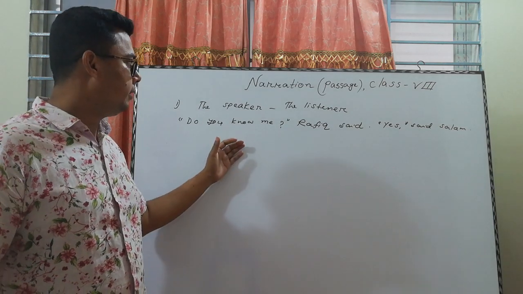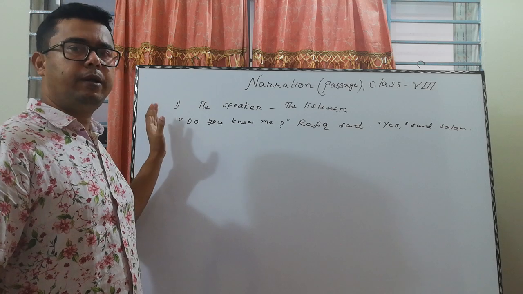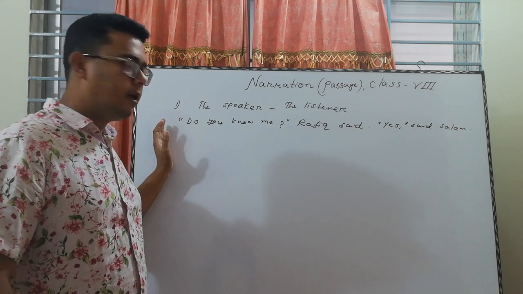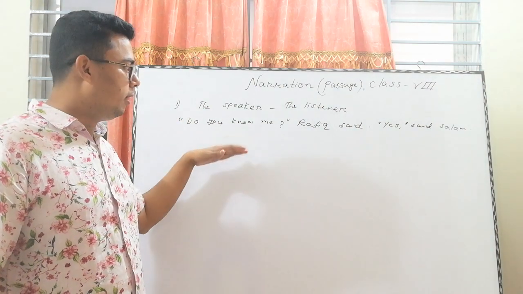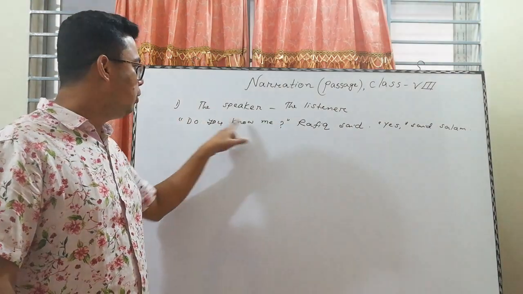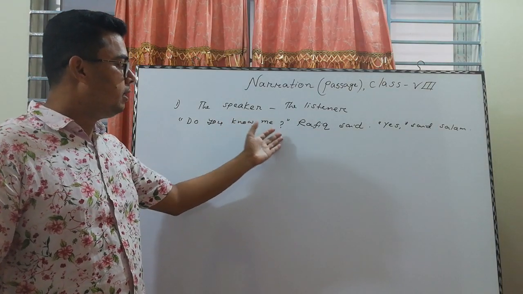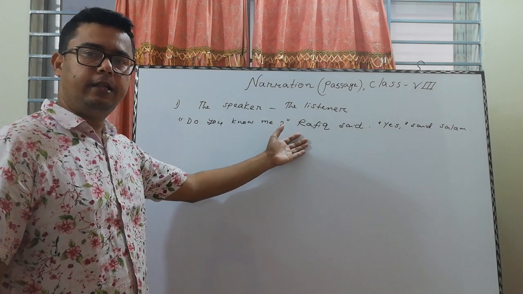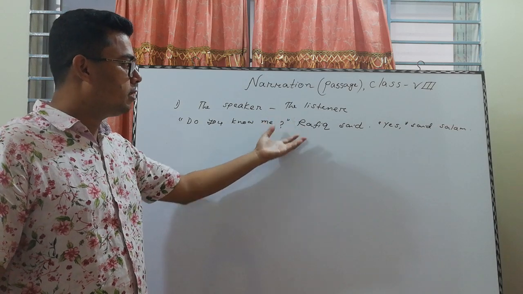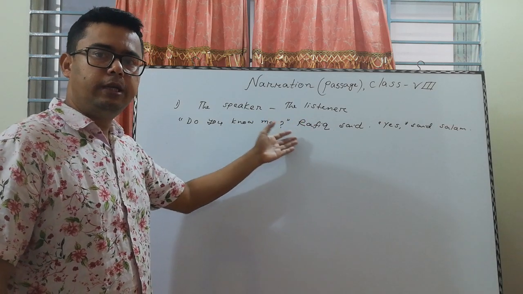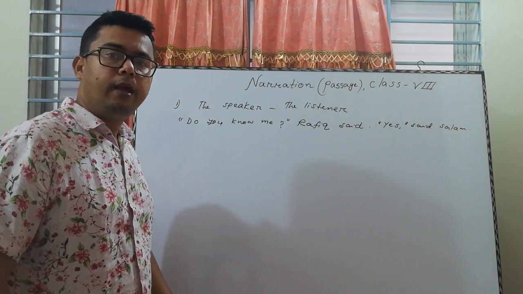In this passage, we don't get the speaker from the beginning, but if you read on, you can get it in the ending part of the sentence. So in this passage, the speaker is Rafiq in the first sentence. Rafiq is going to speak with Salam. So in the first sentence, Rafiq is the speaker and Salam is the listener.